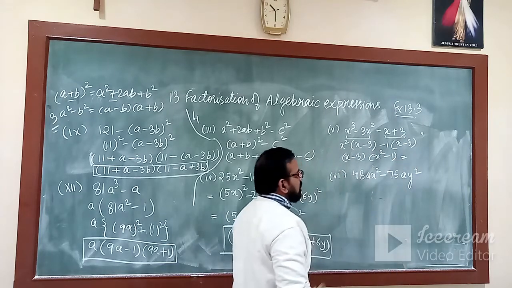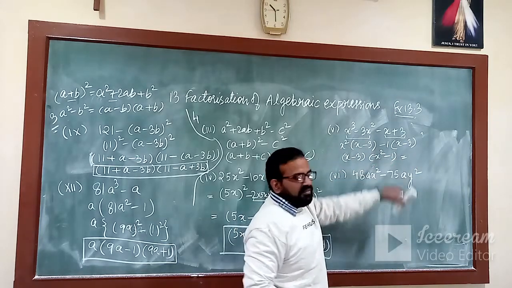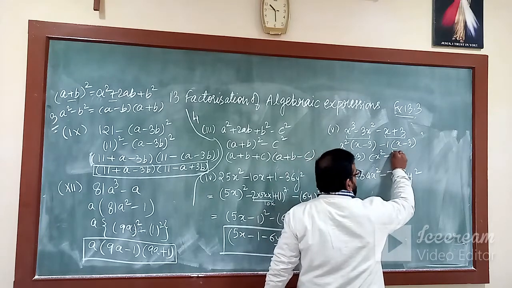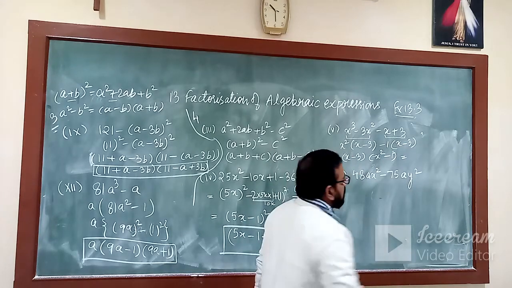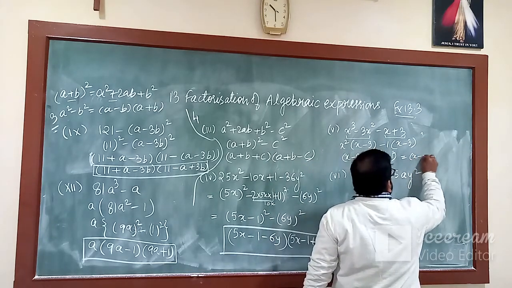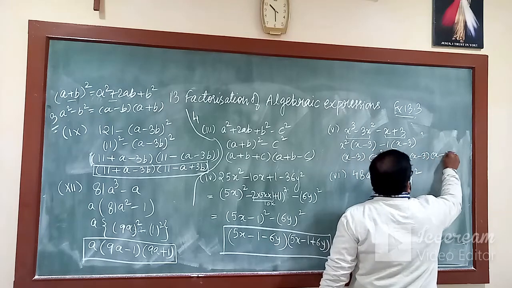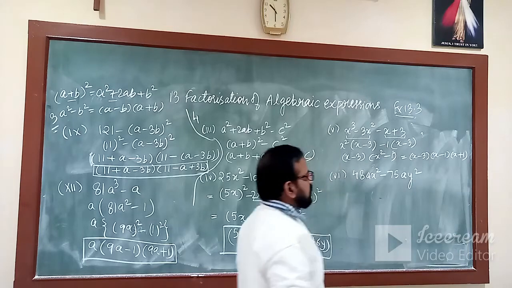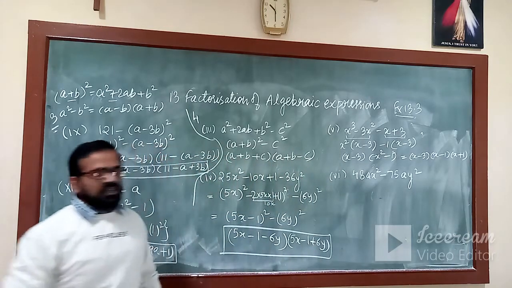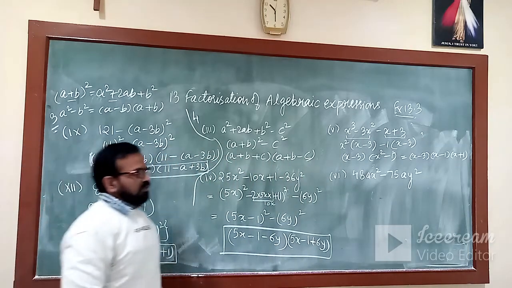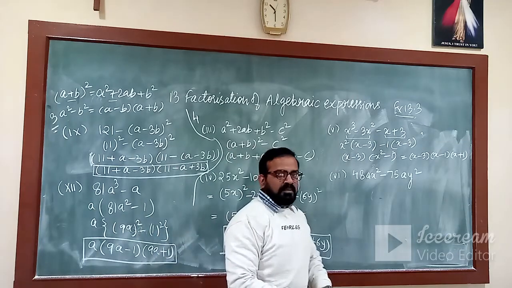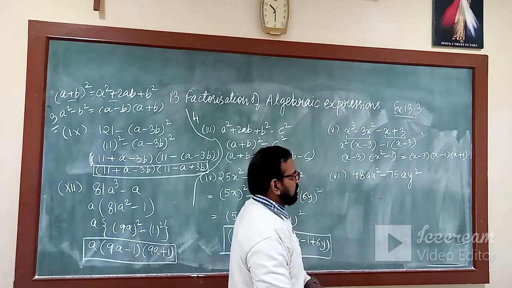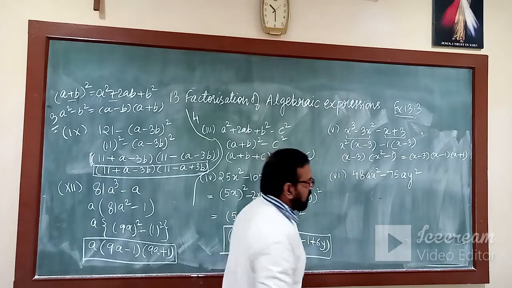Now this can again be factorized, because we can write 1 as 1 square. So what will be our final answer? x minus 3, x minus 1, x plus 1. Okay, so all the terms in the expression should be completely factorized.